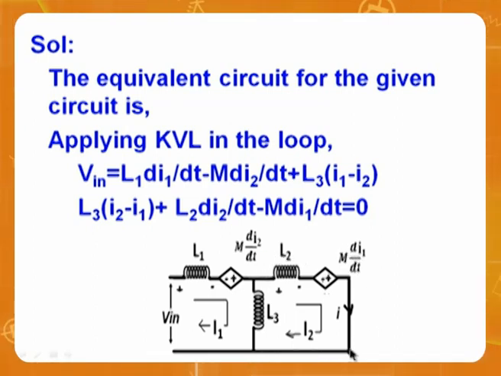Once you draw the equivalent circuit, writing the equation is after all a very simple job. But they maximum ask you to go for equivalent circuit and equation, no solution. In objective question papers they cannot ask you solution, right?